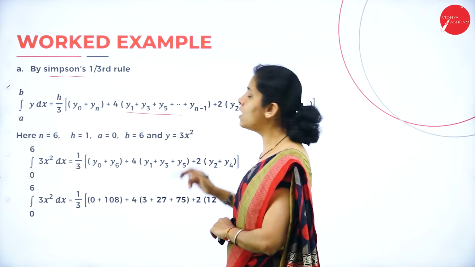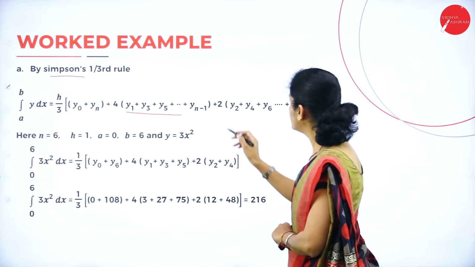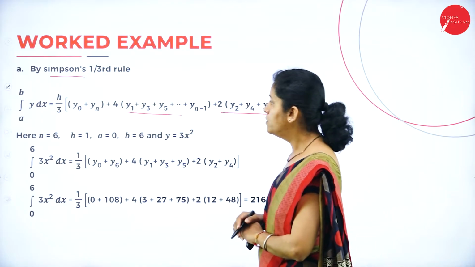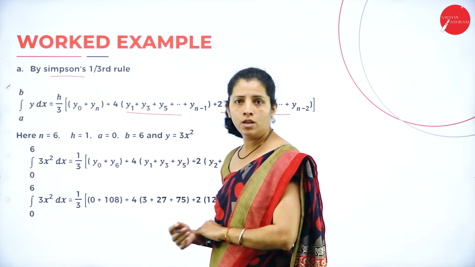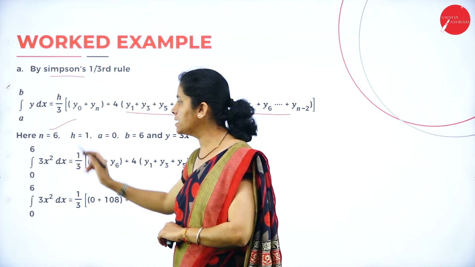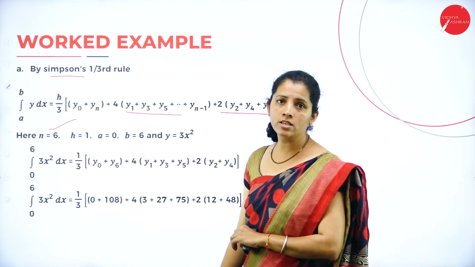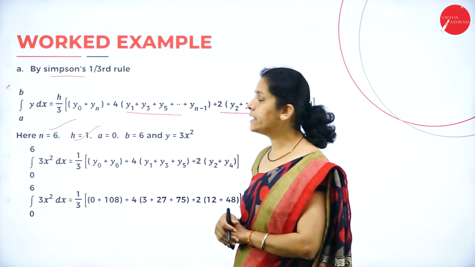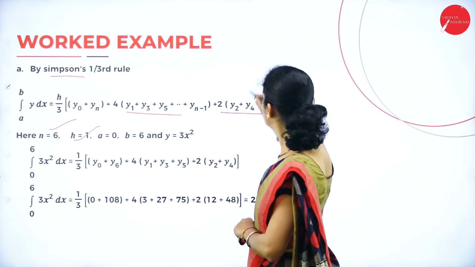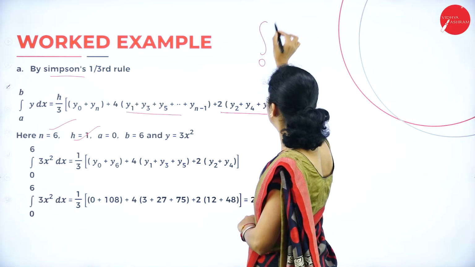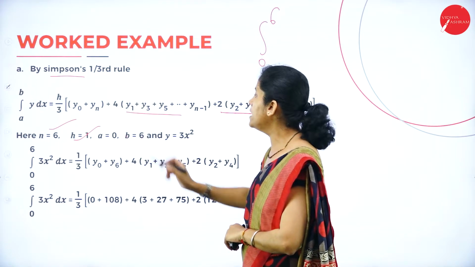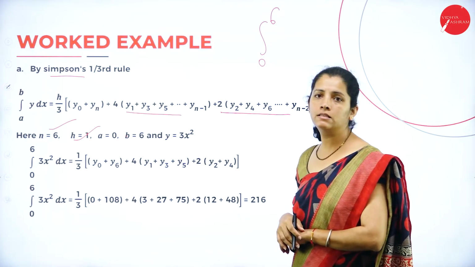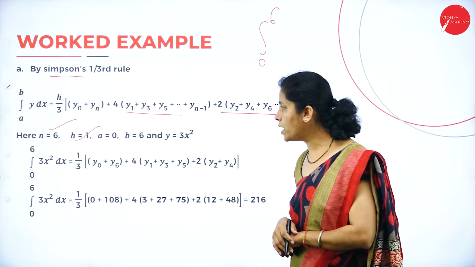So all are odd numbers, and here all are even numbers. Now in the given question, n is nothing but 6, h is nothing but the height, height is 1 and a is 0. So 0 to 6. B is nothing but once again 6 and y is nothing but 3x square.